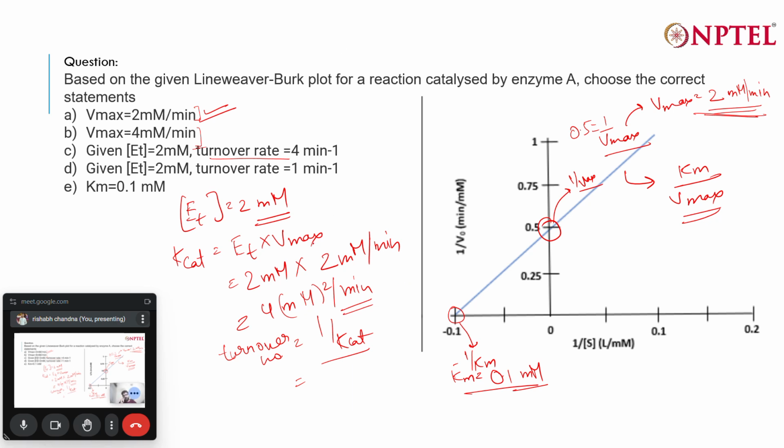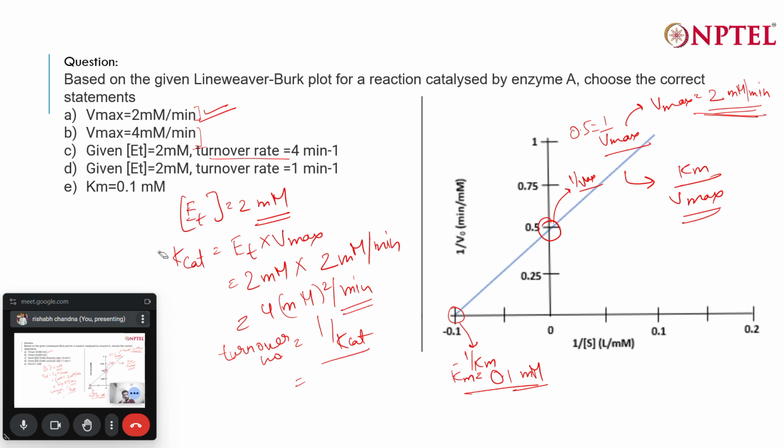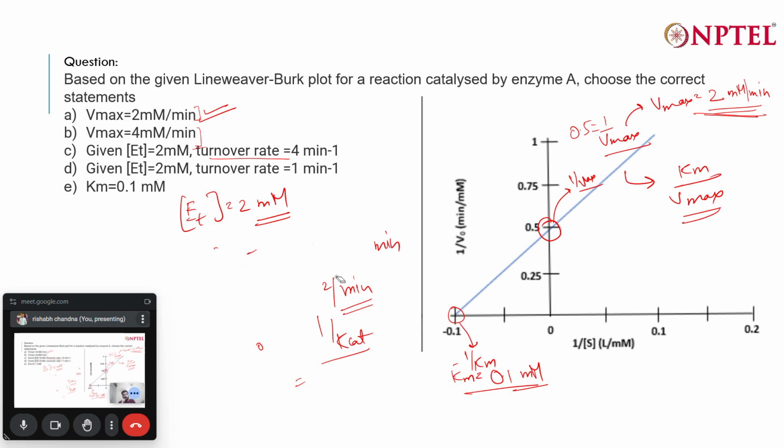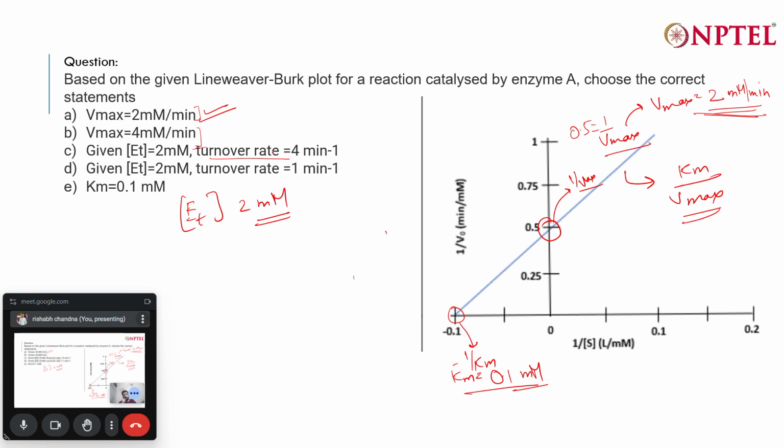Sorry, I made a mistake here. So just a minute. Vmax is equal to Kcat into total enzyme concentration. So we have to find Kcat, which will be Vmax by Et.